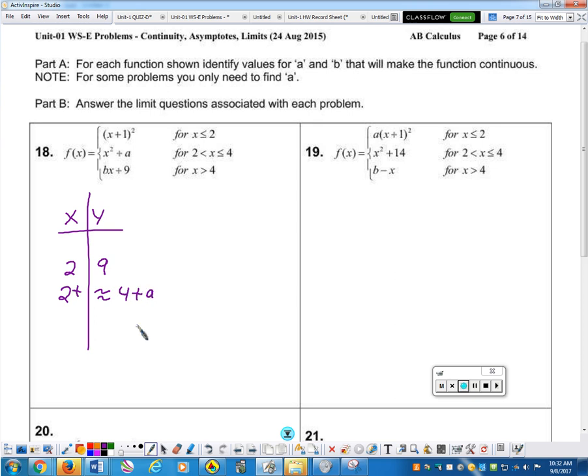Questions? I want to choose a value to take the place of A so that there isn't a jump. You need to choose 5. A equals 5. There won't be a jump when I stop using this formula and start using this one.